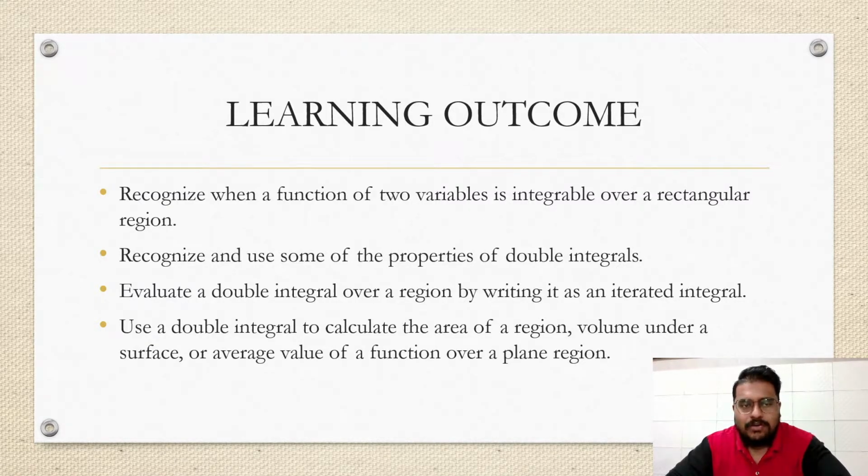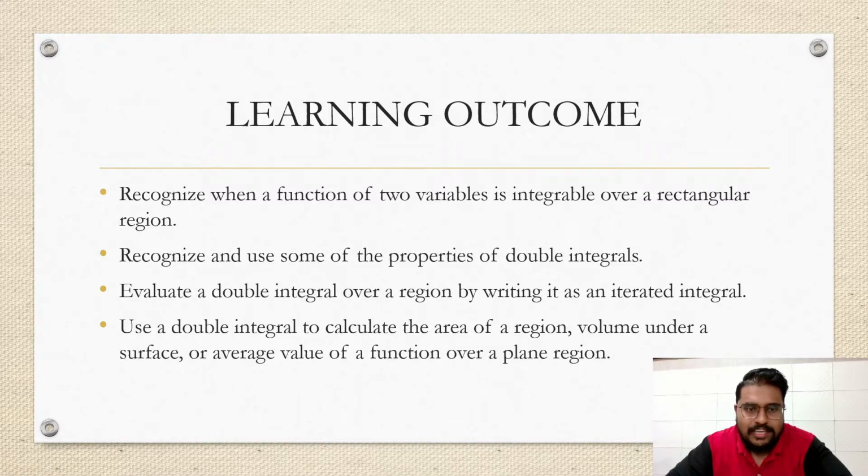So for our learning outcome, what can we gain from this? Recognize when a function of 2 variables is integrable over a rectangular region. Recognize and use some of the properties of double integral. Evaluate a double integral over a region by writing it as an iterated integral.